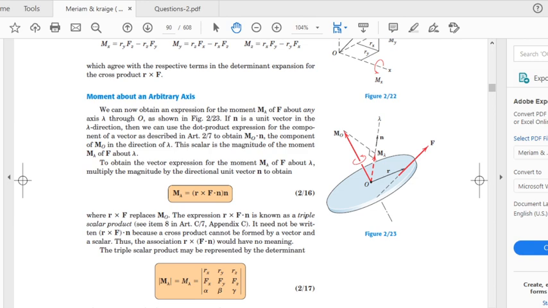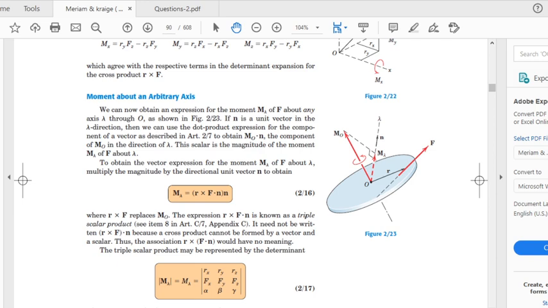Next we talk about moment about an arbitrary axis, moment about a line. If you look at this figure 2.3, we have a force vector and a line lambda. Along this line lambda, we have to find the moment produced by the force.